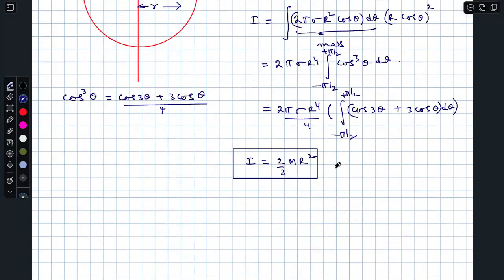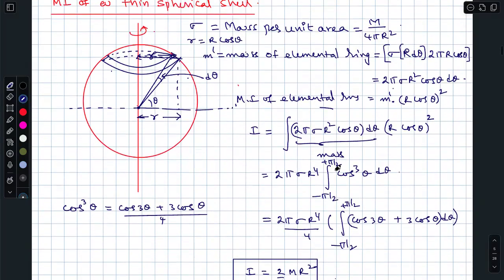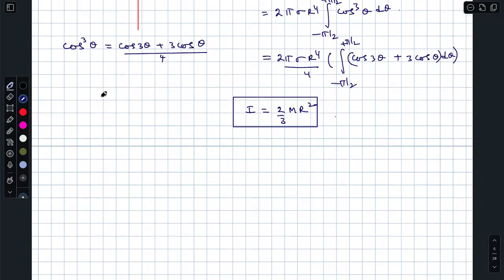Remember, this is about a diameter, which means the moment of inertia of the thin shell about a diameter is simply 2 by 3 mr square. What if I ask you about a tangent like this?